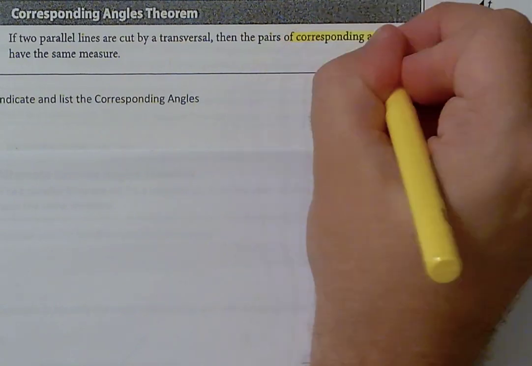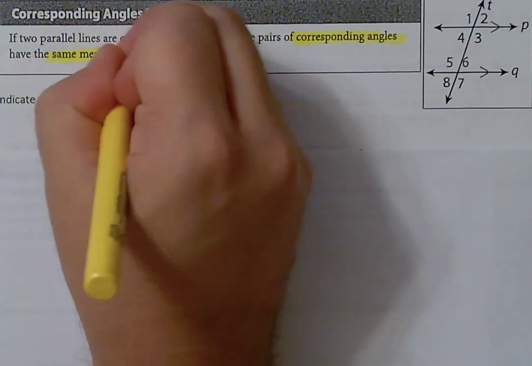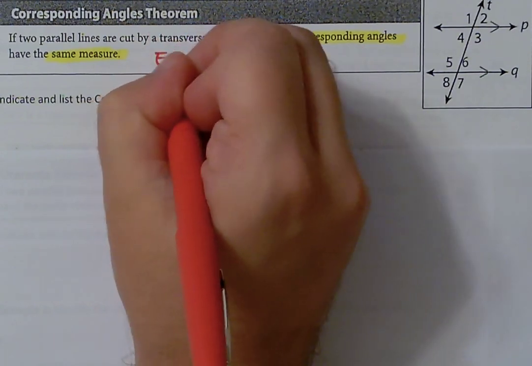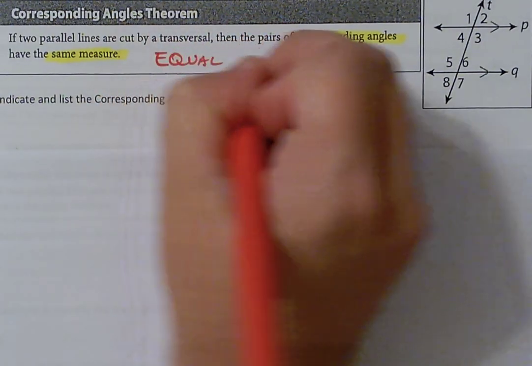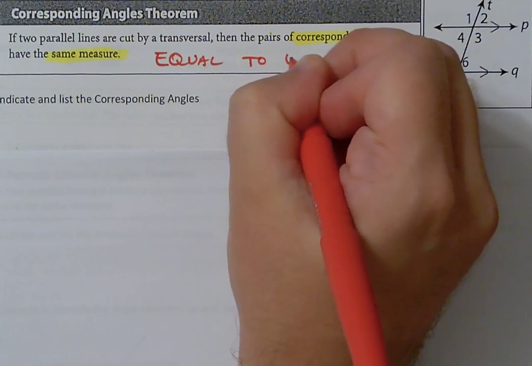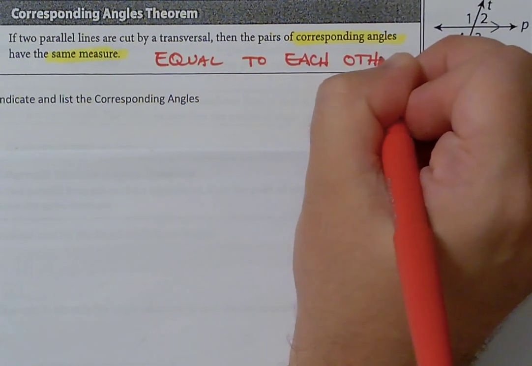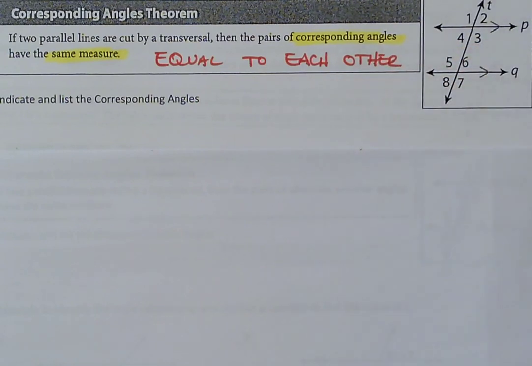So corresponding angles are the same measure, which means corresponding angles are equal to each other. So when you have a set of angles that are corresponding, that means they are the same measure to each other. Now, let's talk about the different examples or sets of corresponding angles based off this diagram.